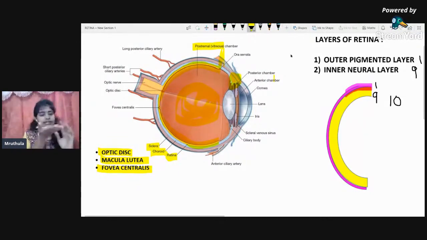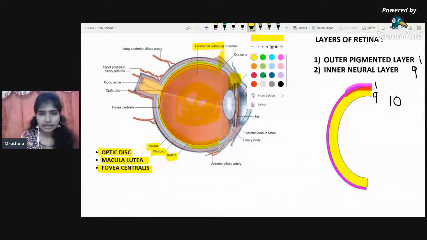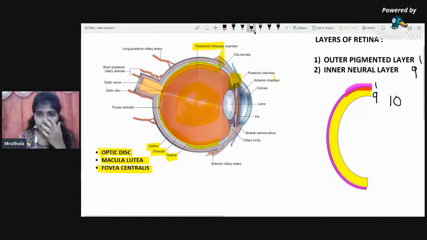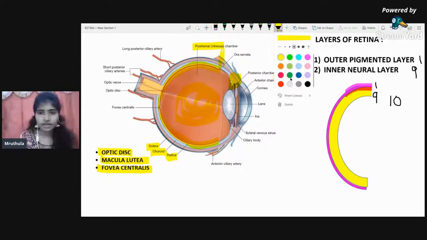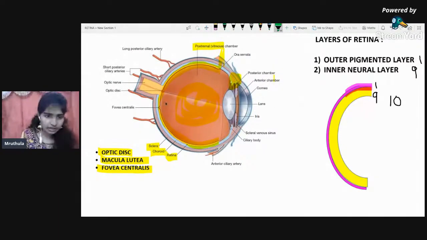So the retina is forming a lining, right? The centermost part of the retina is called the macula lutea. What do you call it? Macula lutea. I'm highlighting that in green color. So see here, this zone is what forms the macula lutea, the centermost part of the retina.